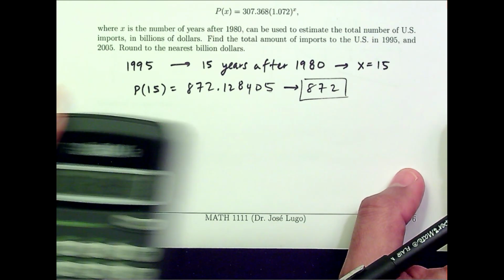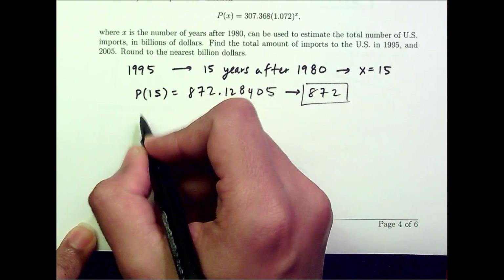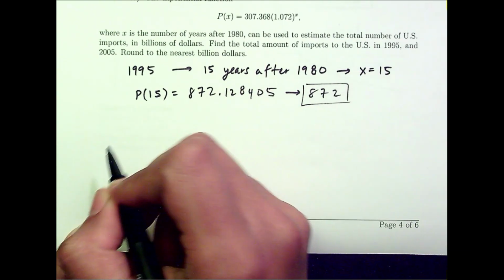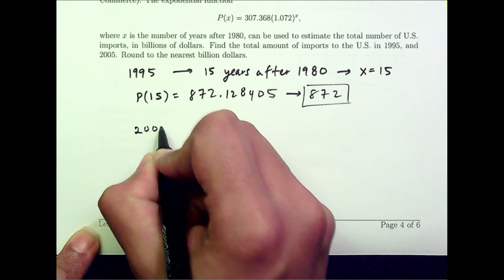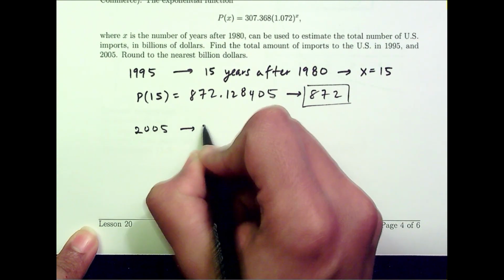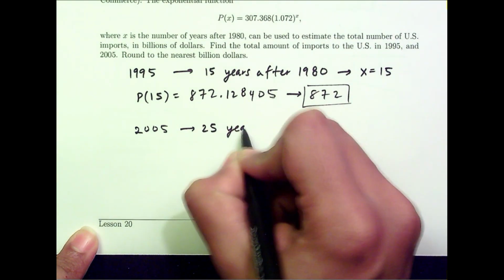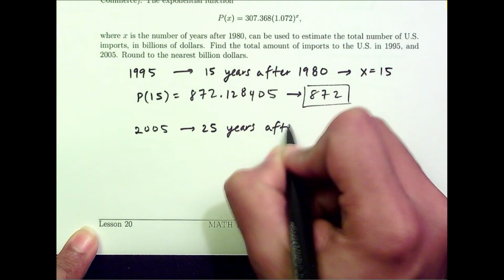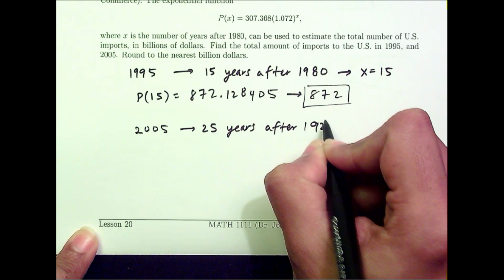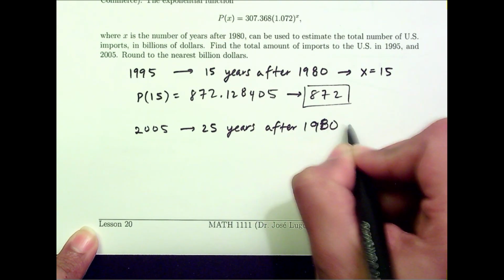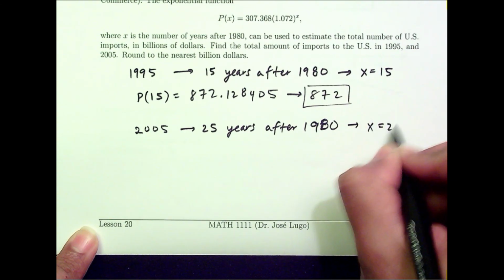All right, and now to figure it out for 2005, well, 2005 is 25 years after 1980. So that means x equals 25.